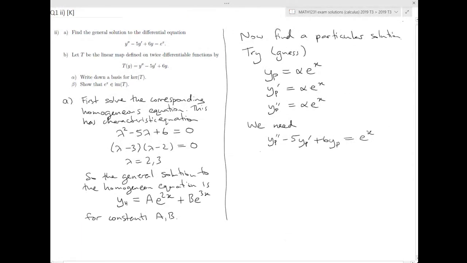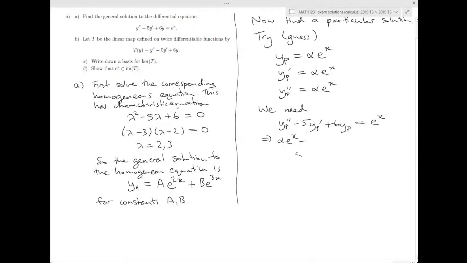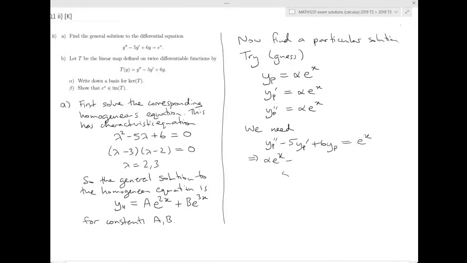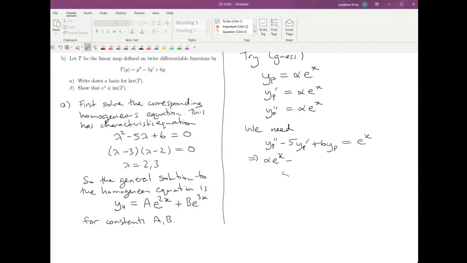And so that is alpha e to the x minus 5 alpha e to the x plus 6 alpha e to the x, which should be e to the x. I don't know why this keeps moving. Oh, it's the scroll bar at the bottom. That's annoying. I need a rubber.